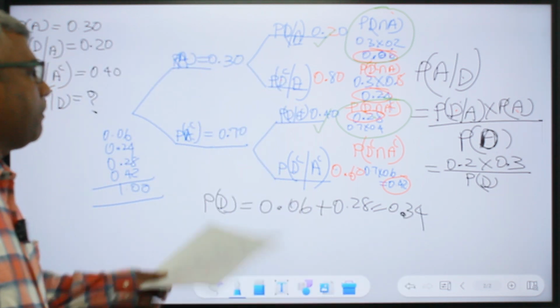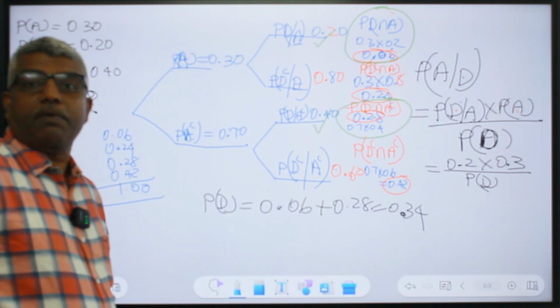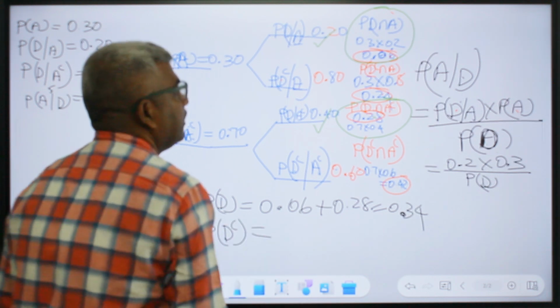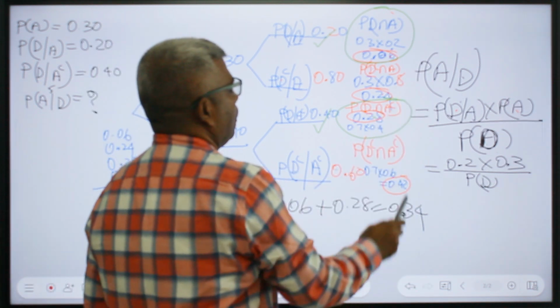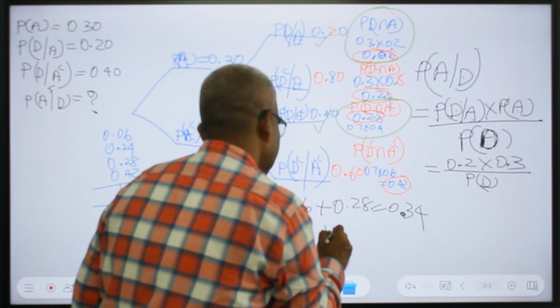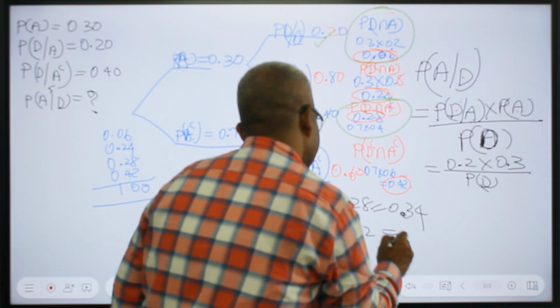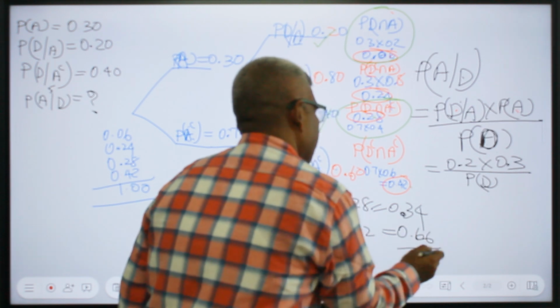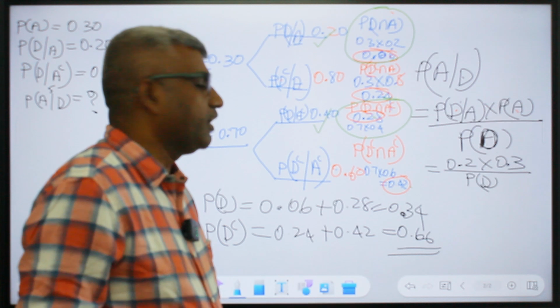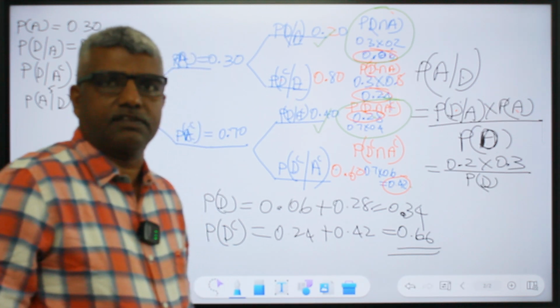Okay. Probability of D is this one. Probability of other than D, just these two add, 0.24 plus 0.42, 0.66. We need not find probability of other than D. Just 1 minus 0.34 is also 0.66.